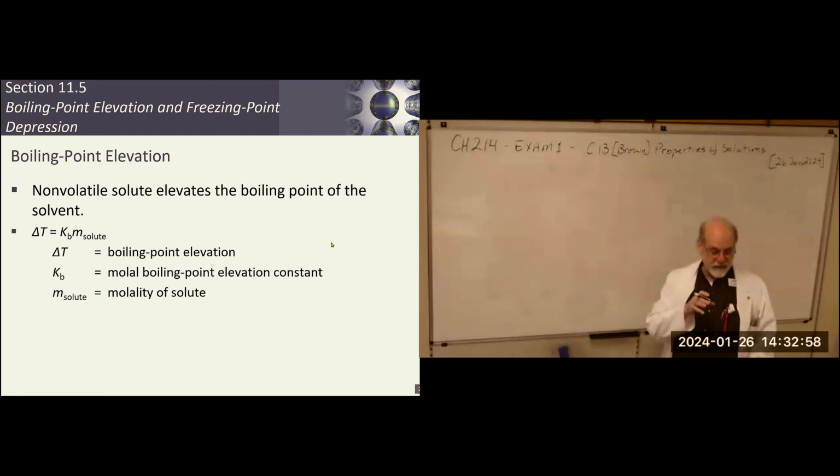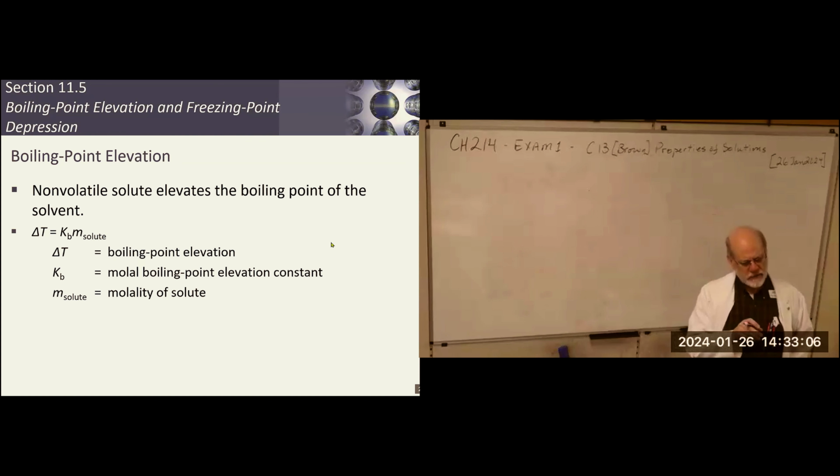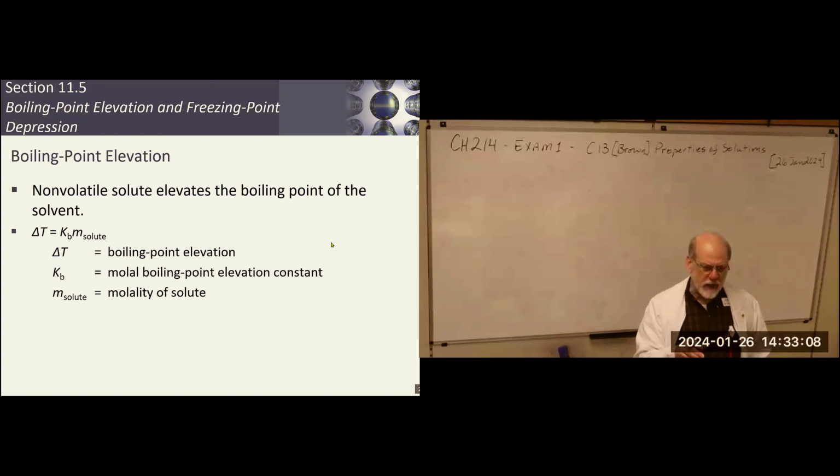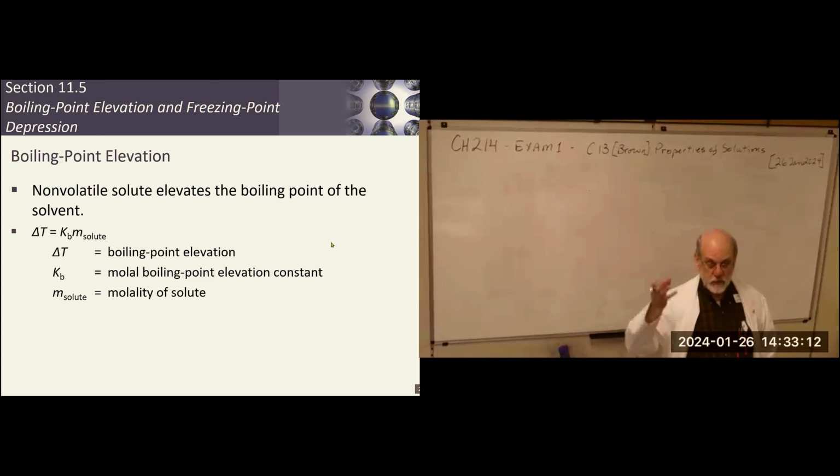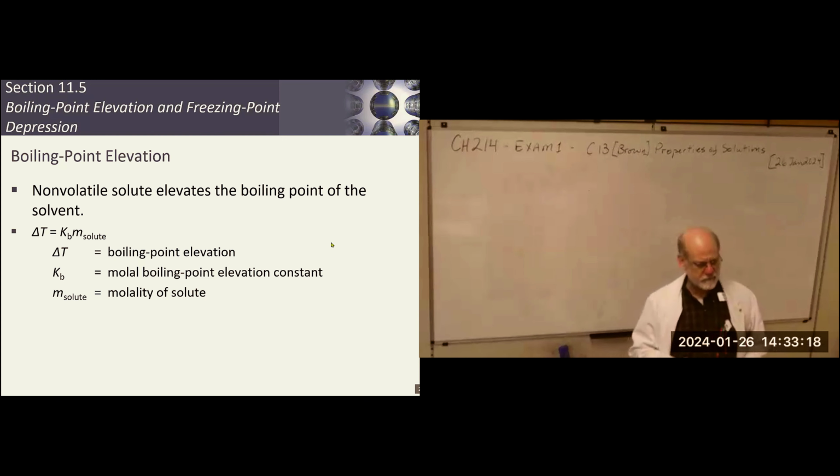We're also specifying that the solute is non-volatile. It works for volatile solvents, but if the solute is volatile, then as you increase the temperature, you're going to also drive off some of the solute, and that changes the concentration. So it's kind of defeating your purpose. So we're going to discuss it in terms of non-volatile solutes.